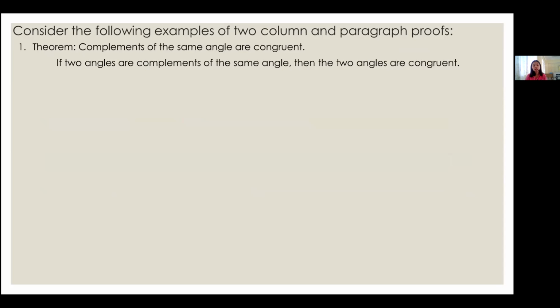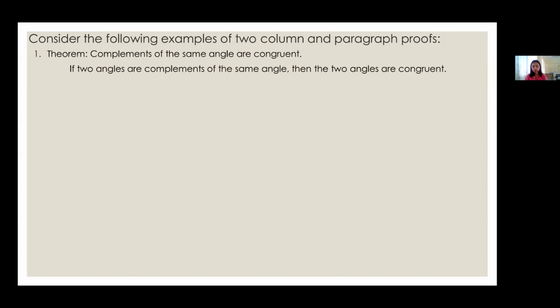So now let's start with this first theorem. Ayan. So ang una natin gagawin, two-column and then paragraph proof naman po. Okay, so we have here the theorem: complements of the same angle are congruent po. Okay? So, we have to change first the statement into if-then form po.